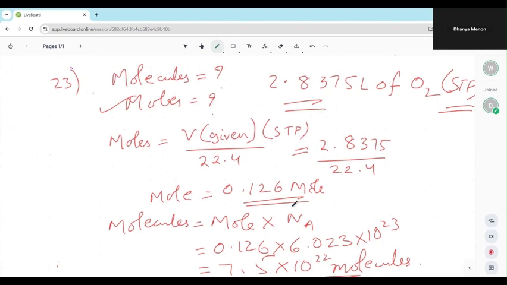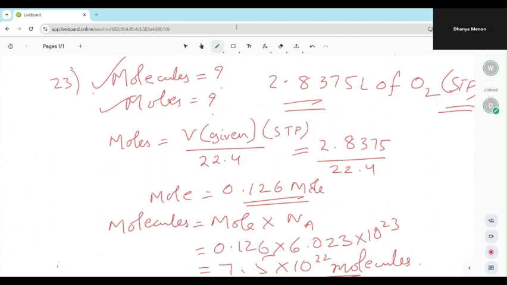So the second part of our question is also over. This was just direct application of the formula, but you be careful of the calculation.